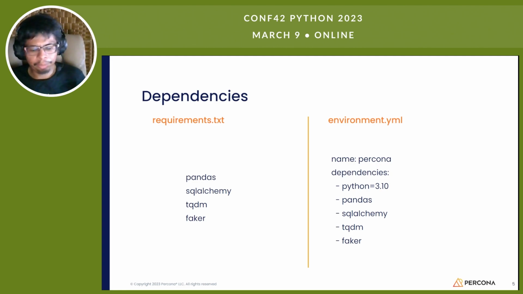First, we need to create a requirements.txt that will contain a list of the dependencies of our project. Or if you're using Anaconda, we need to create an environment.yaml file that will contain the name of our environment, the version of Python that we are using, the libraries that we are using for this project, including Pandas, SQL Alchemy, TQDM, that is a library for adding a progress bar, Faker, that is the library that we use for generating data.